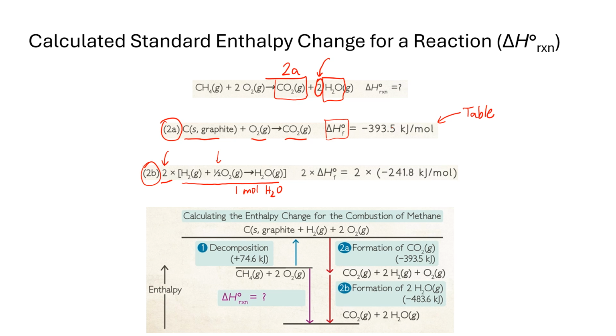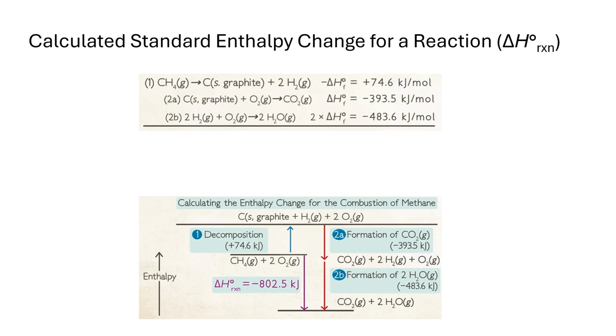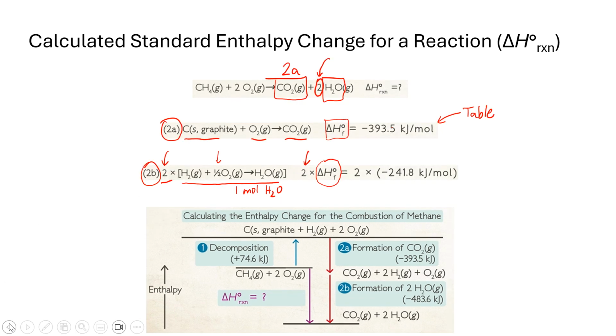So 2 times this means we have to multiply the delta H formation of water by 2 as well. And you get this number for the formation of water from a table as well. This would be given to you. Okay.